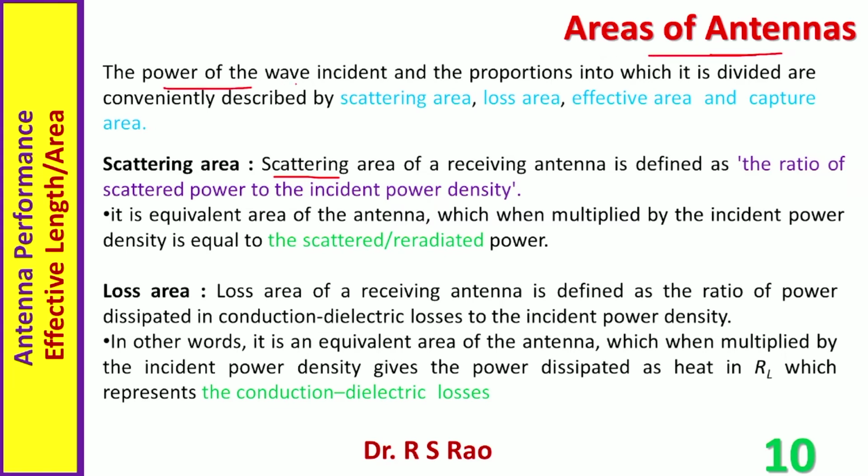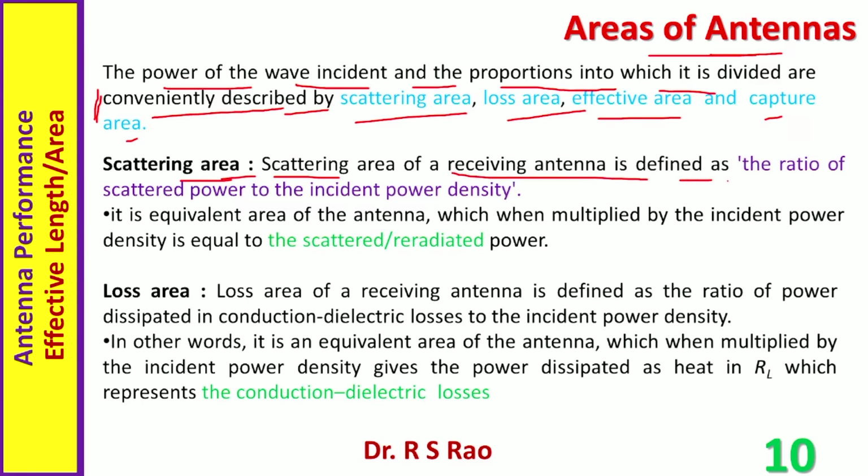The power of the wave incident and the proportions into which it is divided are conveniently described by scattering area, loss area, effective area, and capture area. So this is the significance of these areas. Scattering area of a receiving antenna is defined as the ratio of scattered power to incident power density. It is the equivalent area of the antenna which, when multiplied by incident power density, is equal to scattered or re-radiated power.